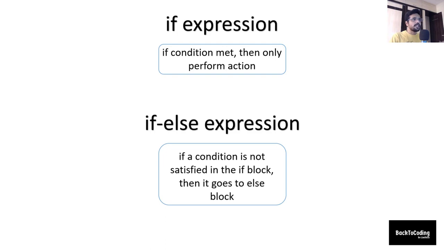You can also use an if else expression, where if a condition is not satisfied in the if block, then it will definitely go to the else block. Let's understand it with another example.